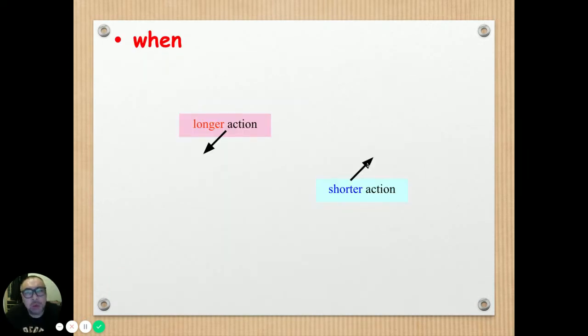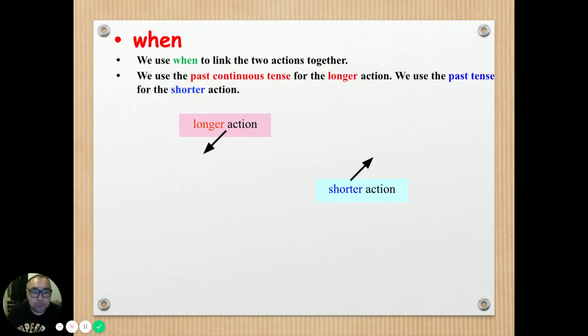We can also use the past continuous in two sentences. But one of them is a longer action and one of them is a shorter action. We link those two together using the word when. Now, we use the past continuous tense for the longer action, and we use the past tense or past simple for the shorter action.